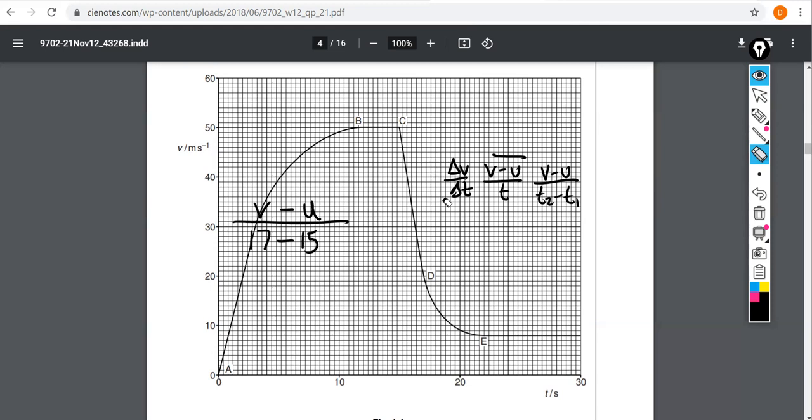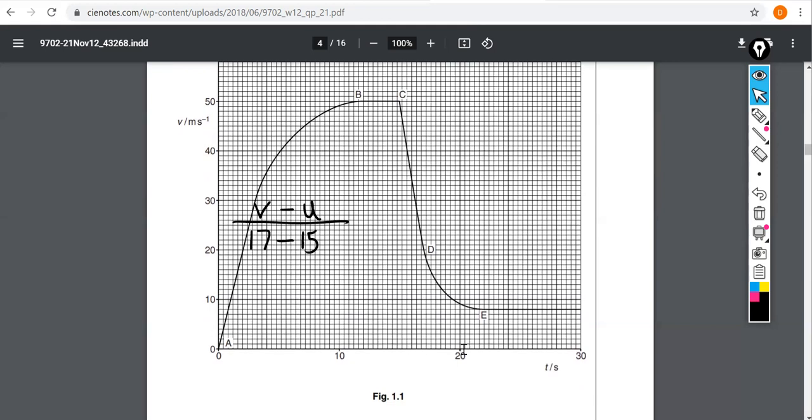Let me clean up this part of it a little bit. If that's 18.6, 18.2, this would be 19.6, 19.2, 18.8, 18.4, 18, 17.6, 17.2.